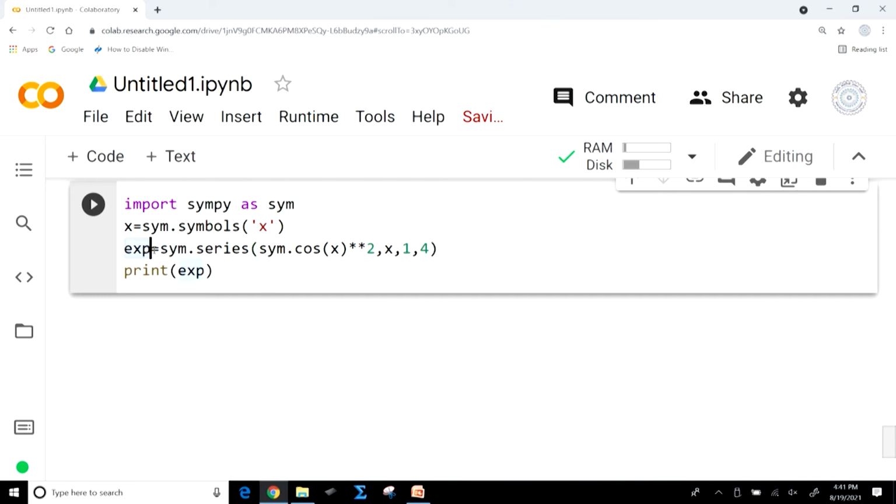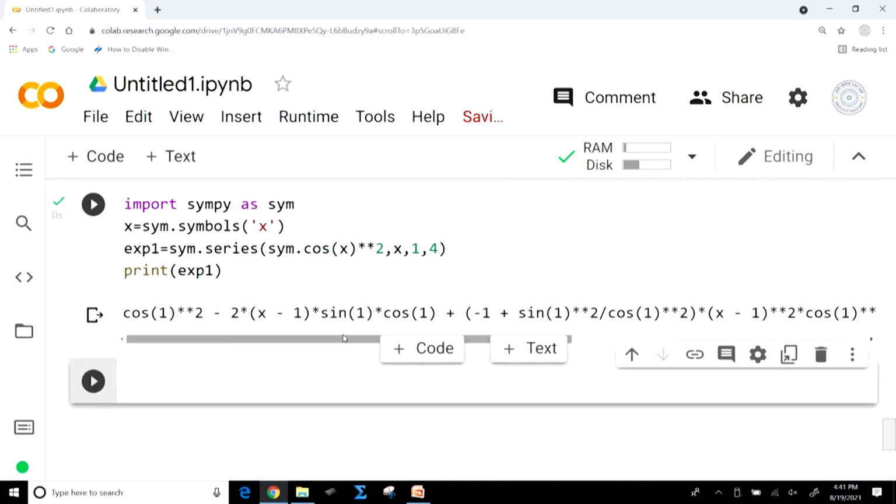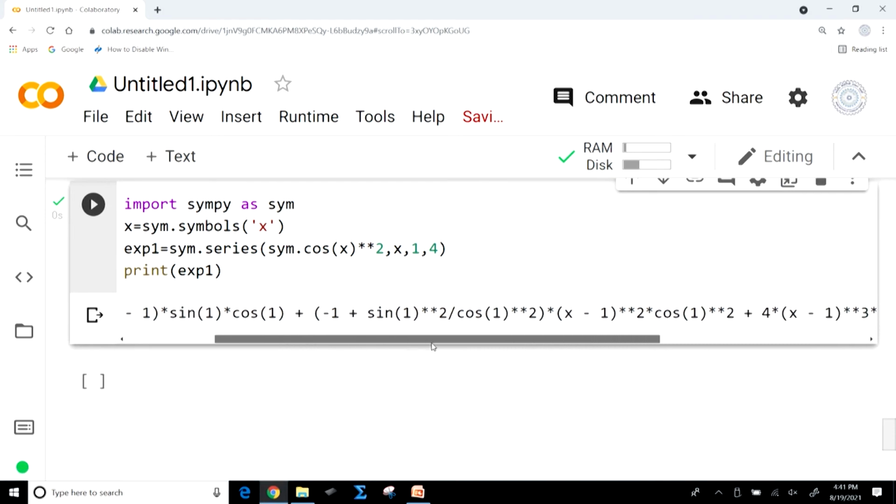I am denoting it by exp 1, for example. This is basically the expansion of this expression at x equal to 1 up to order 4.